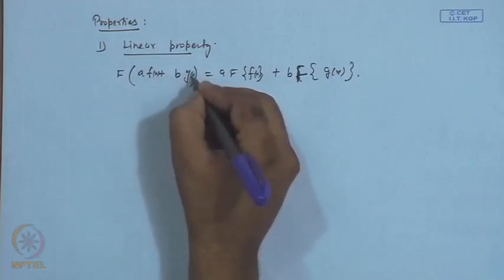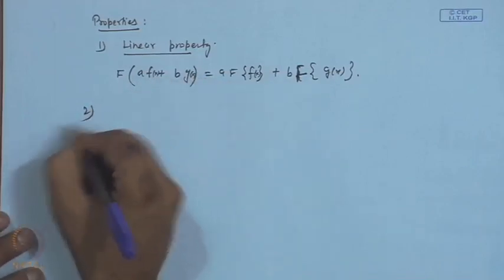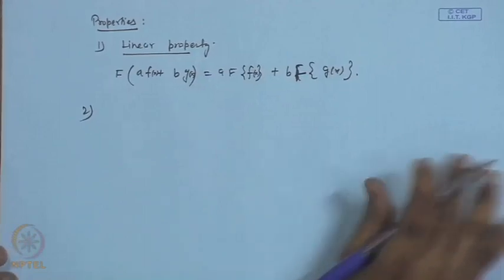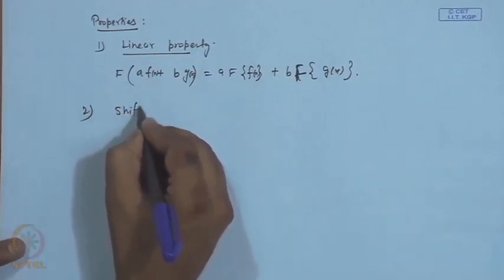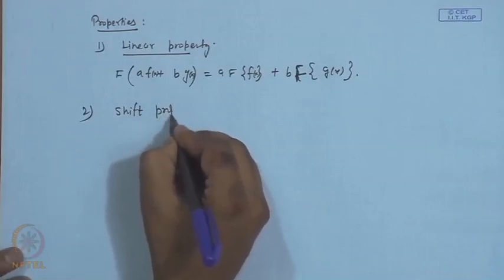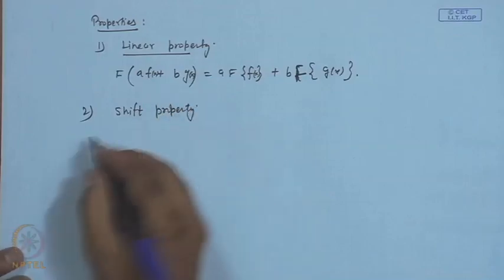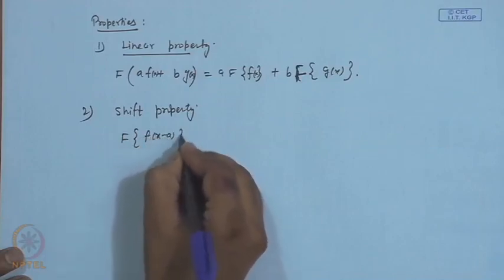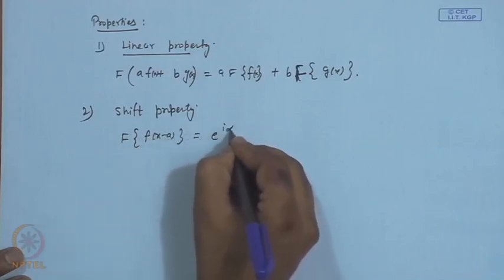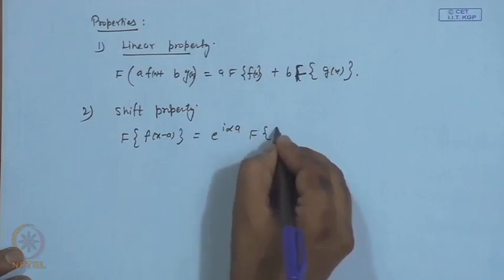This is no need to prove, it is just coming due to the linearity of the integral. The second one we have is the shift property, and in this case the Fourier transform of f(x minus a) is e^(i alpha a) times the Fourier transform of f(x).